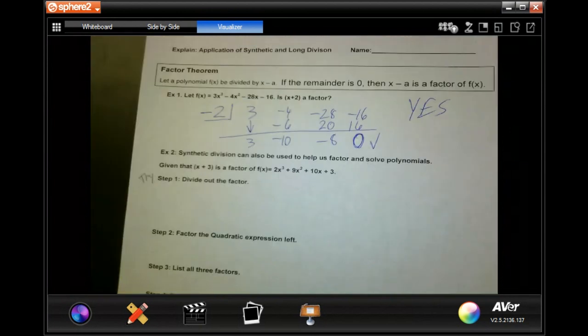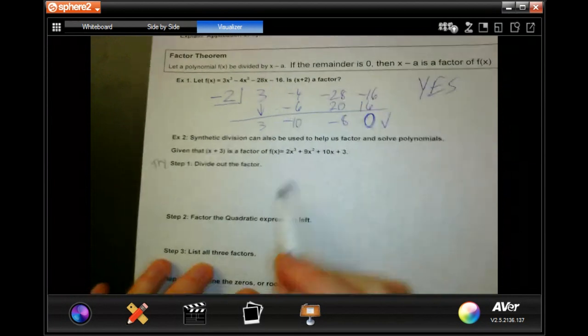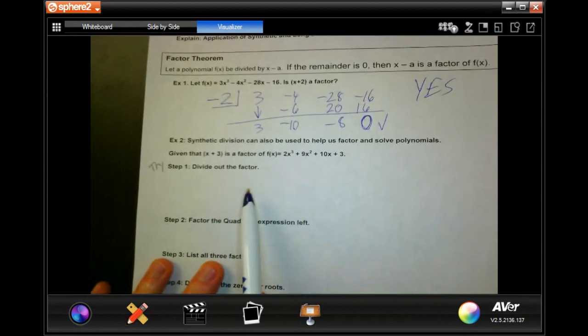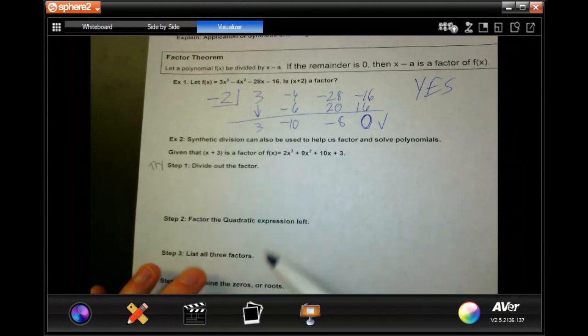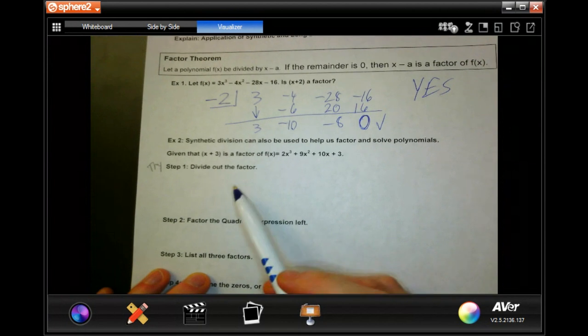I want to talk about example 2 because I think it's going to answer Arvin McKinley's question, or add to the discussion here. I want you guys to do synthetic division. Do step 1 and then write out the quadratic expression for step 2.